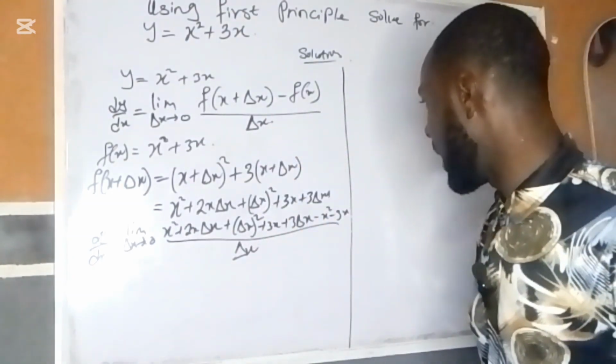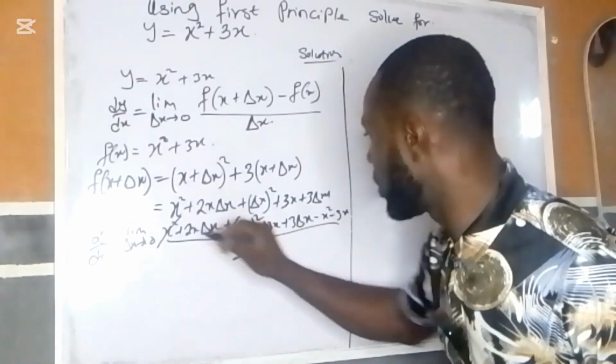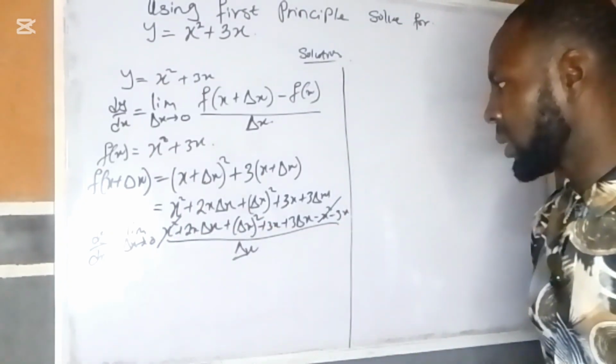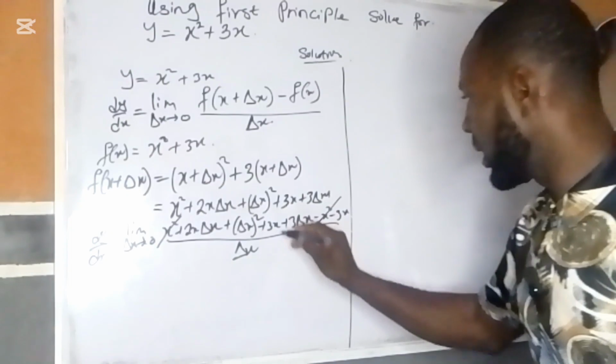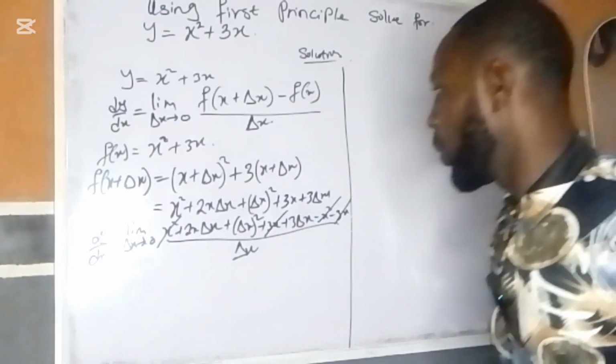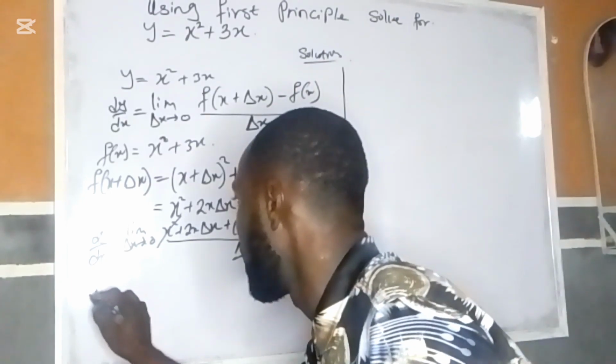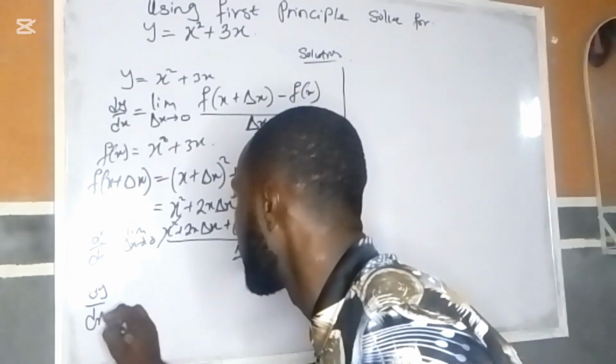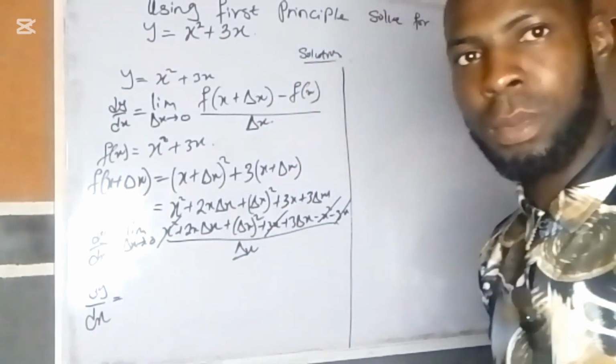Now, if you can see clearly, we can cancel out these guys, right? So when we cancel it out, we still go with this. Have you seen it? So now, dy all over dx is equals to, are you with me?